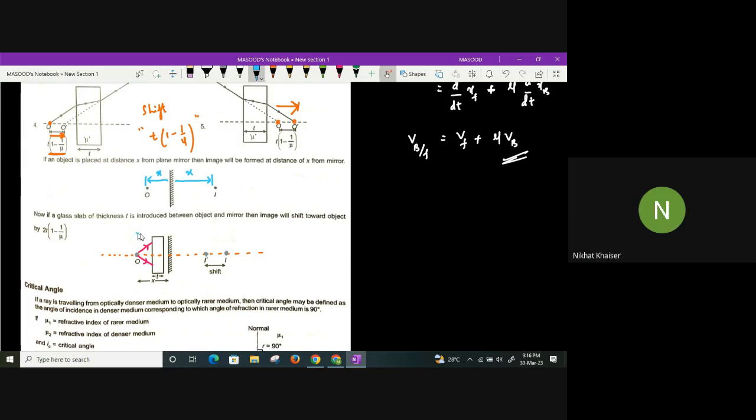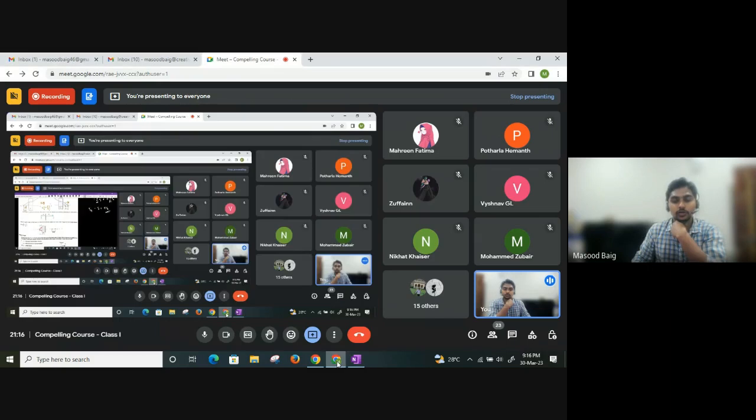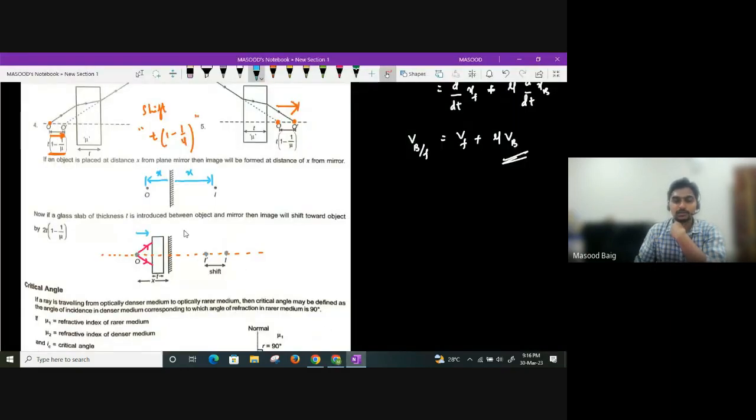Move towards the slab. The object is going to shift towards the slab, guys. Whereas if we talk about the image, image will also shift towards the slab. If I say the object is shifting by x distance, image will shift by 2x distance, guys. These three are very important points.